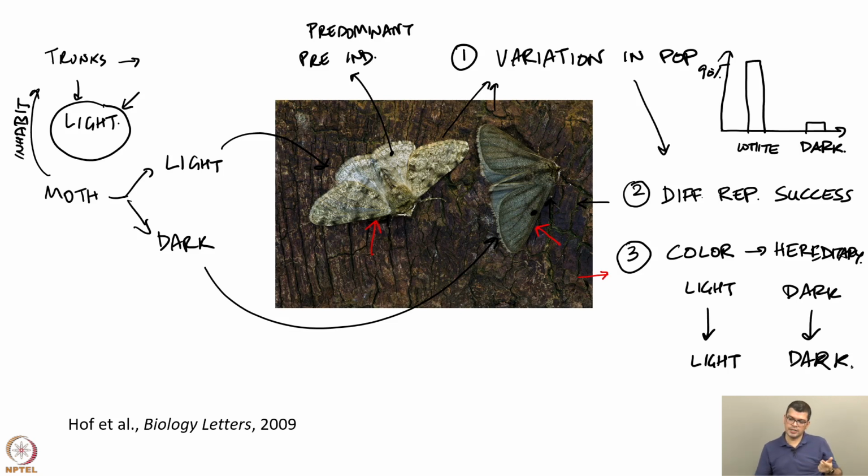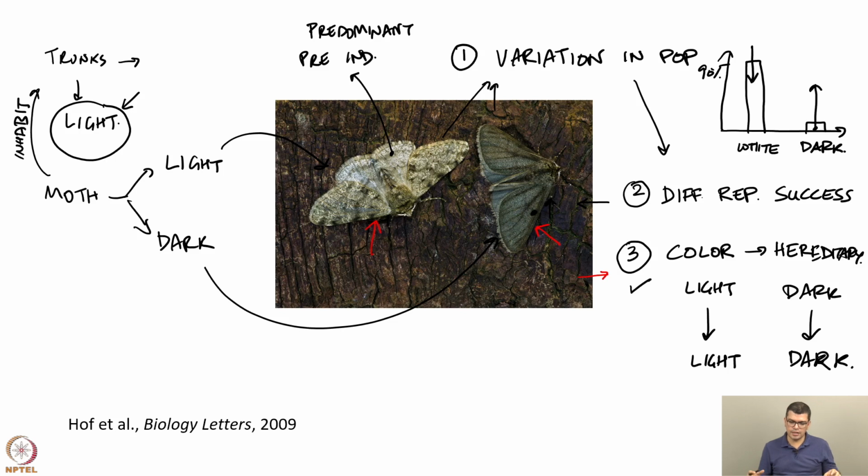So, this is a trait which is inherited, which satisfies the third condition for natural selection to act. And as a result of all these three being satisfied and the trunks of trees getting darker in color, what happened was that the frequency of white or lighter colored moths decreased with industrialization, and the frequency of the dark colored moths increased in the population.